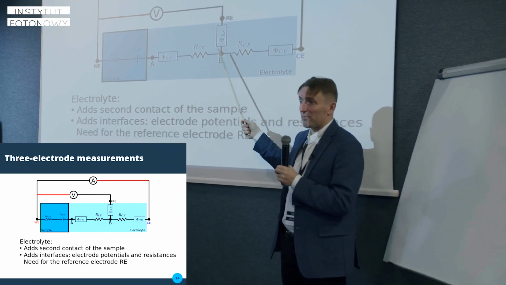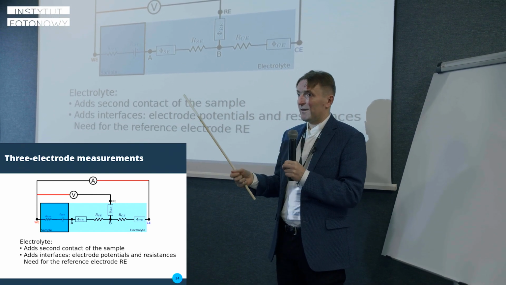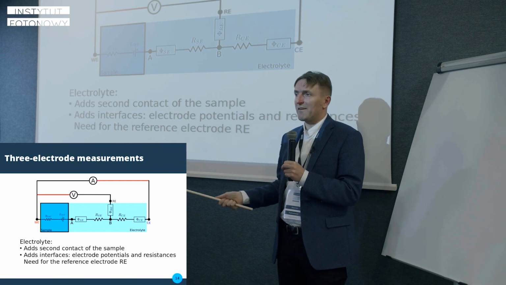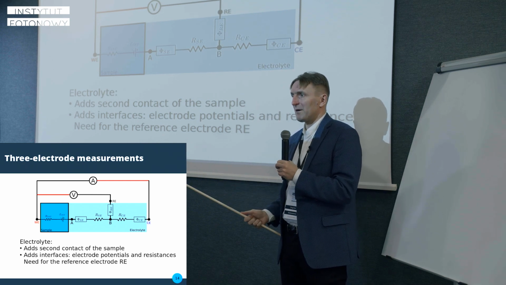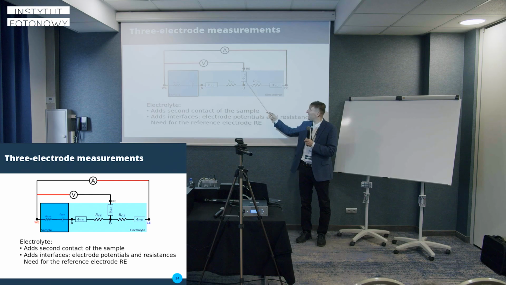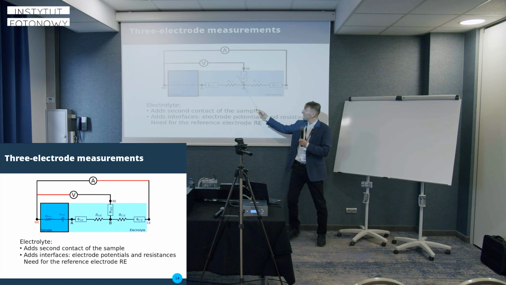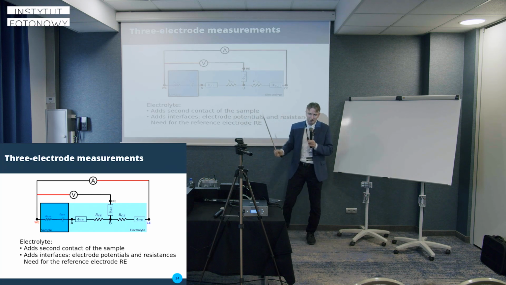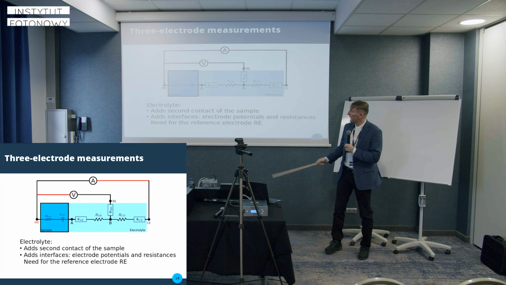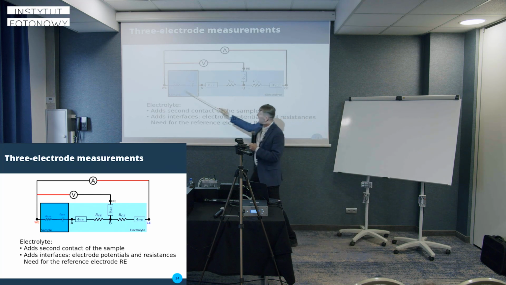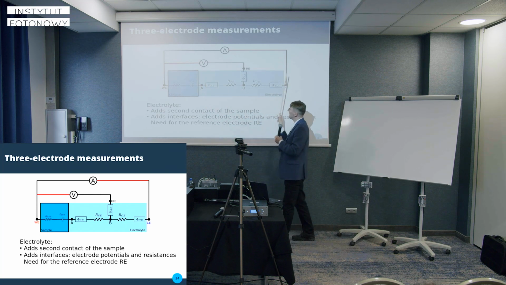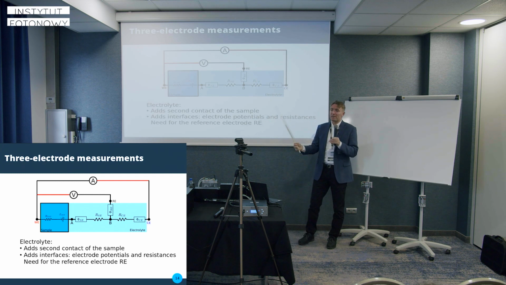So there is no potential drop. Even if you have this half-cell potential and no current, then nothing happens here. No influence. This reading will not be influenced by the current flowing through that circuit here. Okay. So this is why we use the 3rd electrode.